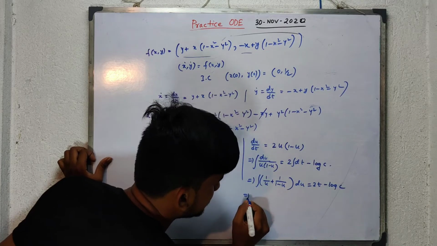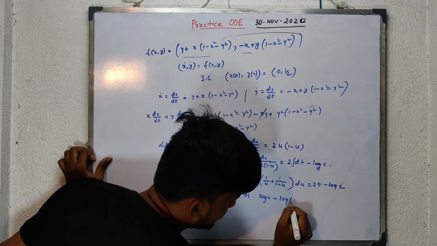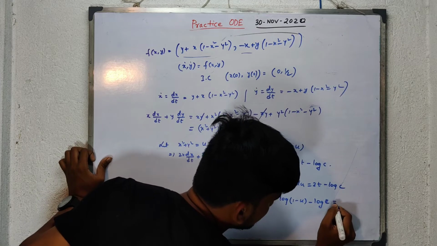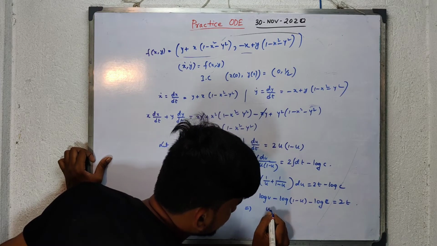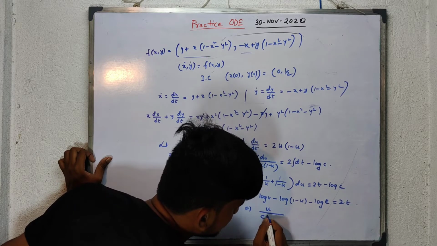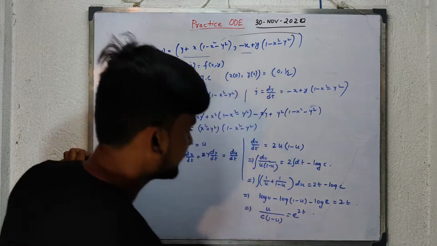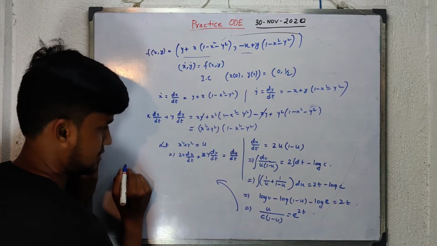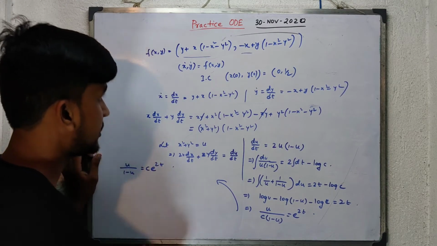So this gives log u minus log of 1 minus u minus log c equal to 2t. This gives u by c into 1 minus u equal to exponential 2t, and from this we get u by 1 minus u equal to c to the power 2t.